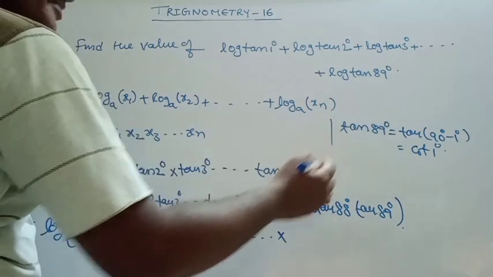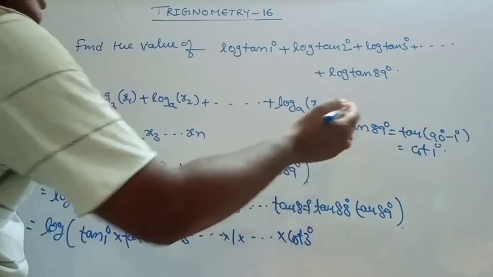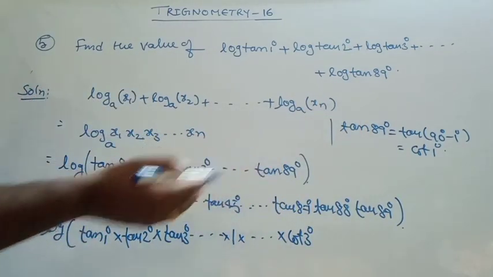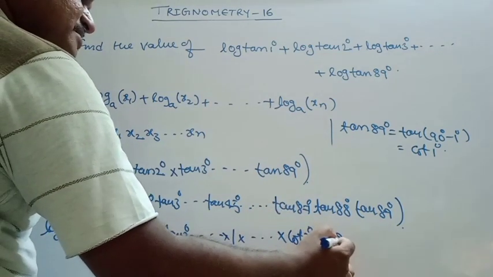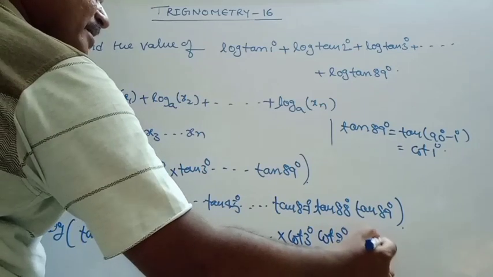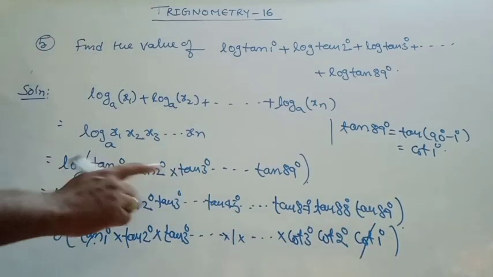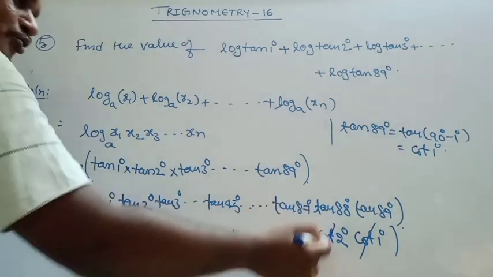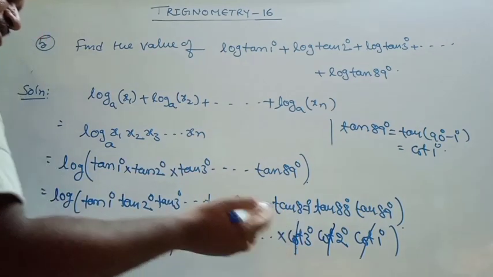By this concept, tan 87 degrees is nothing but cot 3 degrees, because 87 you can write as 90 minus 3 degrees, and tan of 90 minus 3 becomes cot 3 degrees. This is cot 2 degrees by the same concept, and this is cot 1 degree. Here cot 1 and tan 1 under multiplication cancel because they are reciprocals of each other. Tan 2 and cot 2 cancel, tan 3 and cot 3 also cancel.